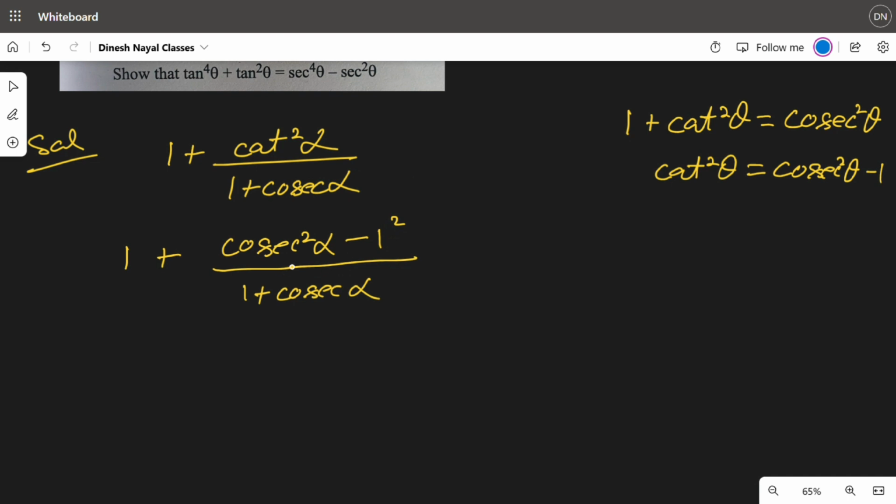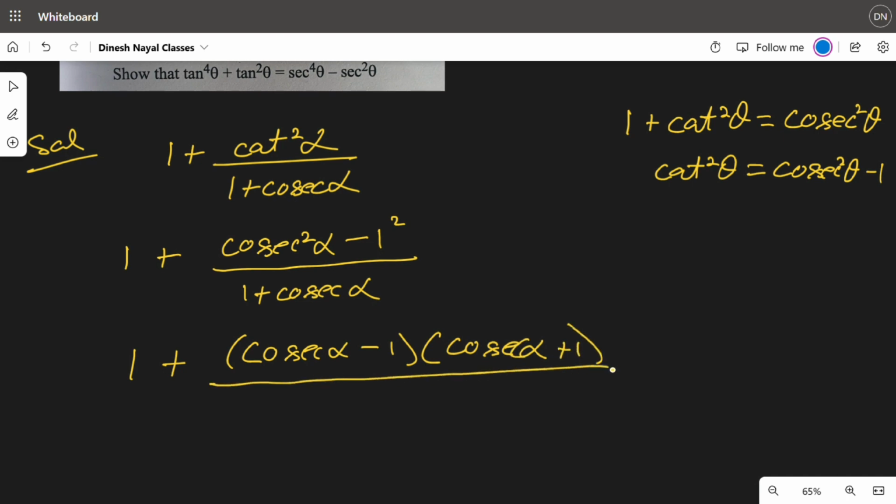So this is cosec square alpha minus 1 square, which you can write as cosec alpha minus 1 into cosec alpha plus 1, upon 1 plus cosec alpha, which is cosec alpha plus 1.